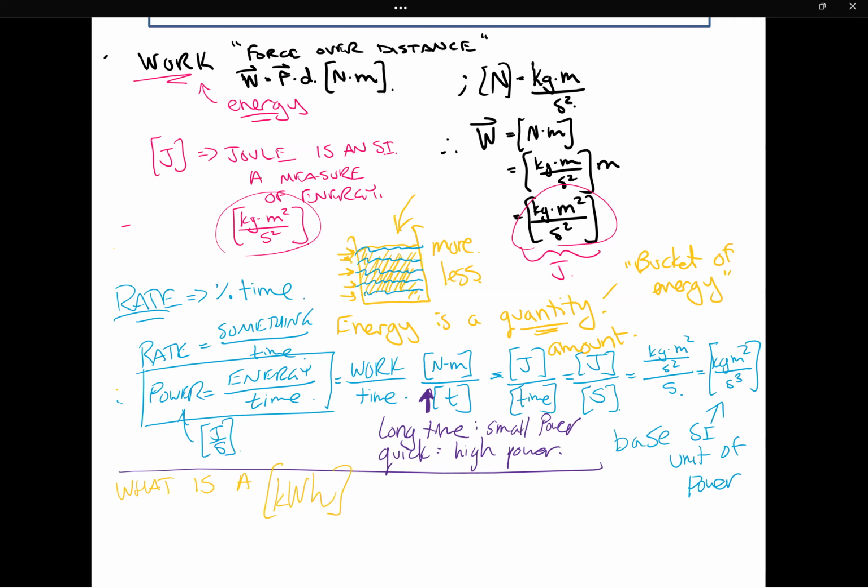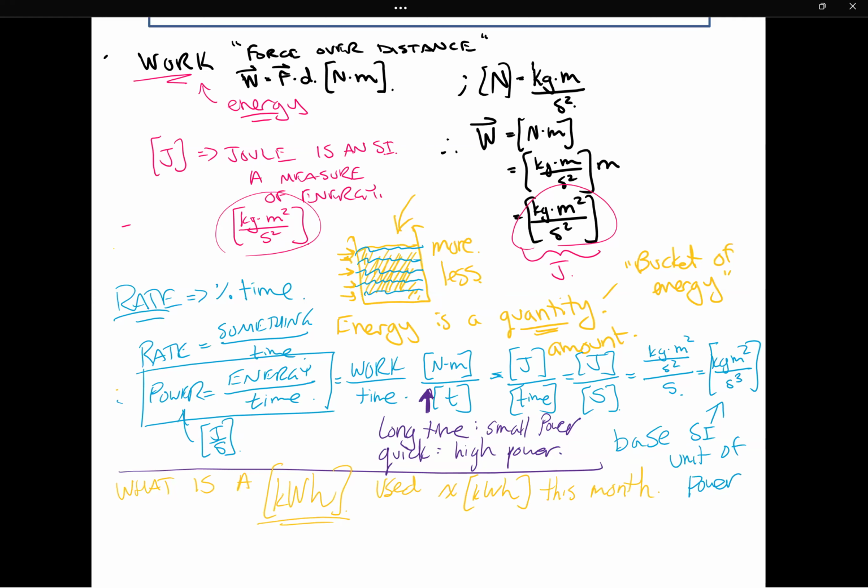A kilowatt hour we often see on such things as our electricity bill. So we say that we used this many kilowatt hours of electrical energy. Used X amount of kilowatt hours this month. And you have to pay for that.